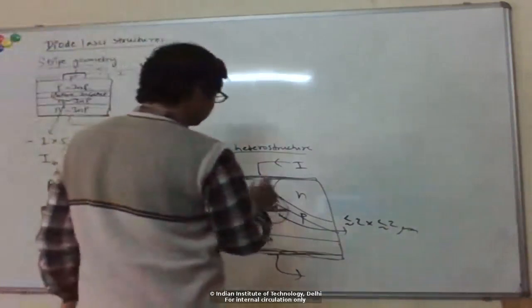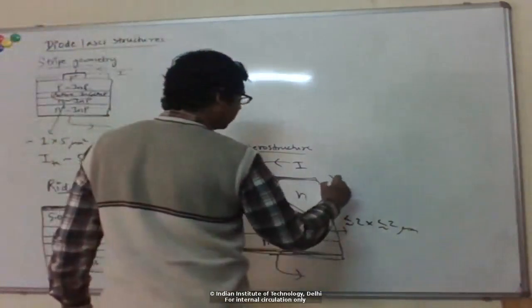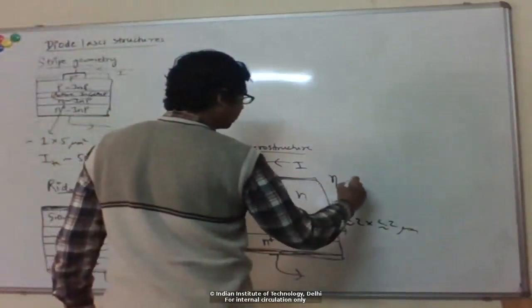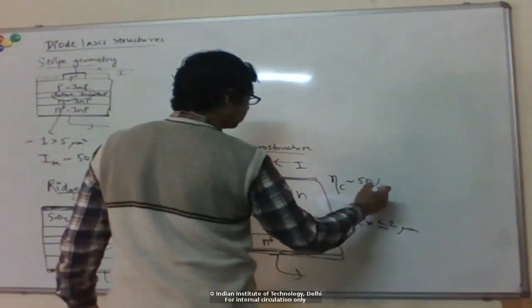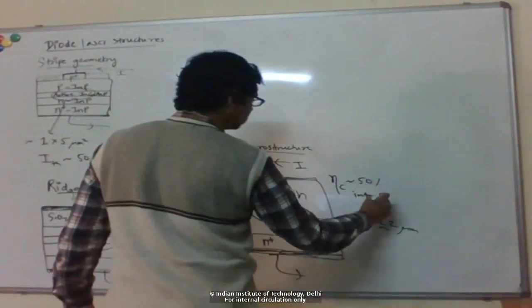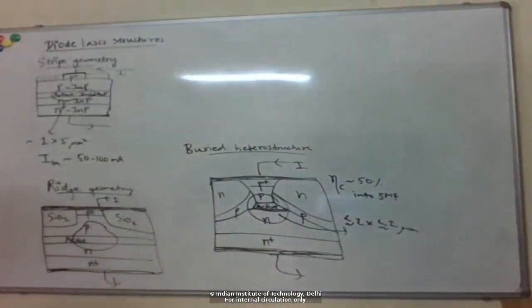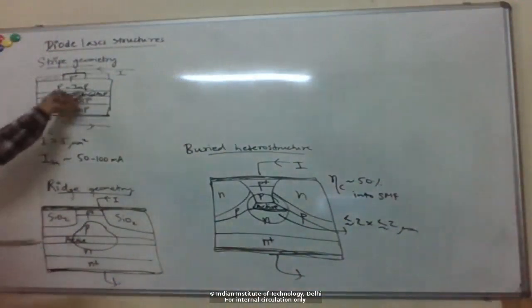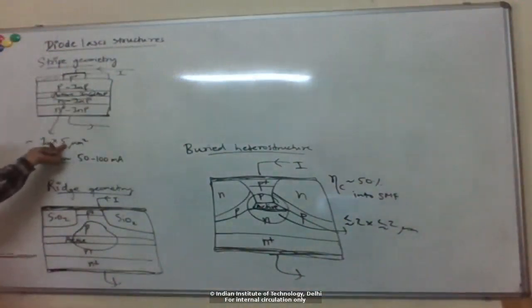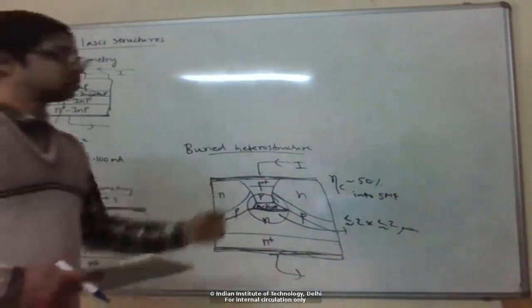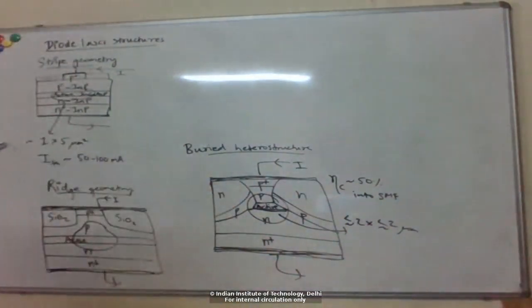With this kind of buried heterostructure device, typically the coupling efficiency into fiber can be like 50%. With these other kinds of modes, it's difficult to get maybe 10 to 20%, but with this you can go 50% or more.